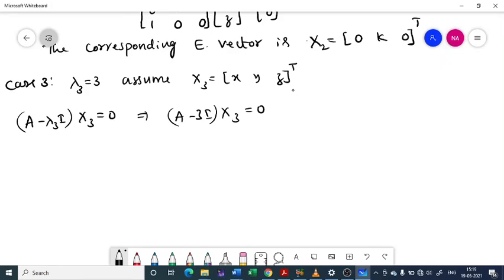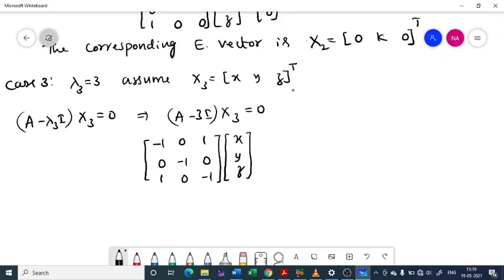That means you have to subtract 3 from the diagonal entries of A. So we'll be getting the matrix minus 1 0 1, 0 minus 1 0, 1 0 minus 1 into x y z equal to 0 0 0.